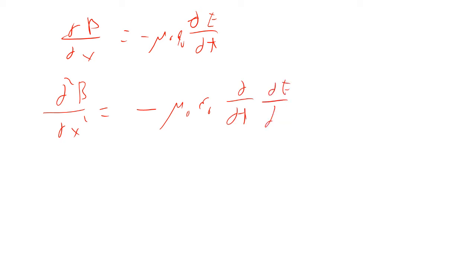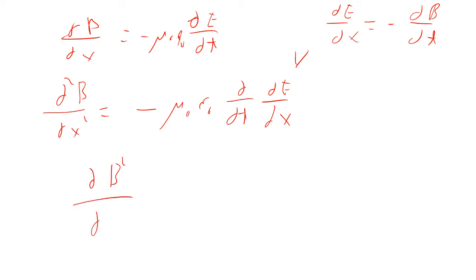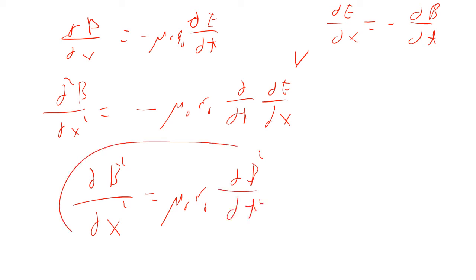But we know that partial of e with respect to x is minus partial of b with respect to time. So that means the second partial of b with respect to x squared equals mu naught epsilon naught second partial derivative with respect to time squared. So they both have the same relationship with the same term.